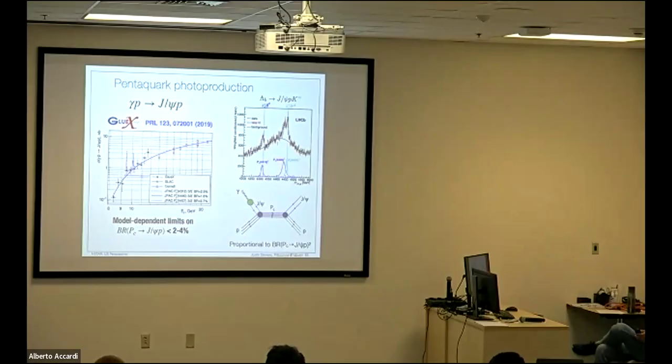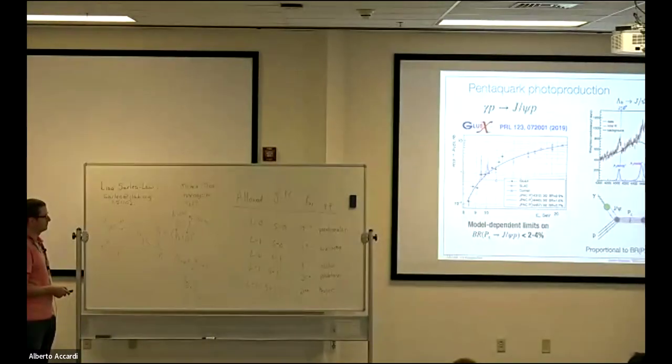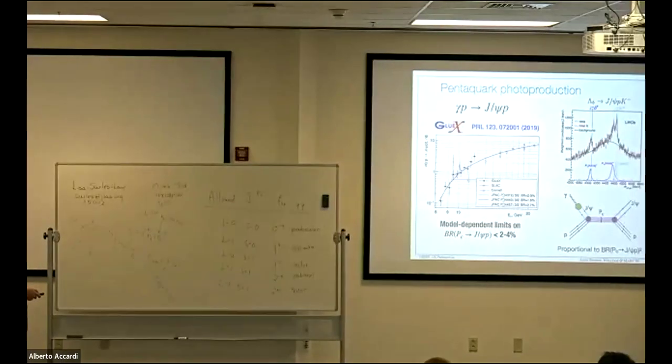With a photon beam and a proton target like we have at GlueX, you can think of the photon being sort of like a virtual J psi and scattering off the proton. And if you have that, you can produce in the S channel these same pentaquark type objects. So if they're really there as resonances, if the coupling is strong enough, we should be able to see them in our data.